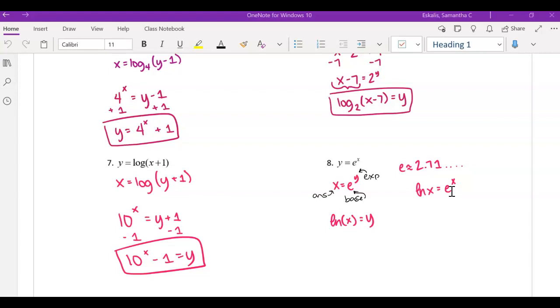So the inverse of y equals e to the power of x is the natural log of x equals y. So natural log goes with e to the power of x. So whenever you see e or natural log, you know that your base is e. All right, please continue on with the rest of your Delta Math assignment.